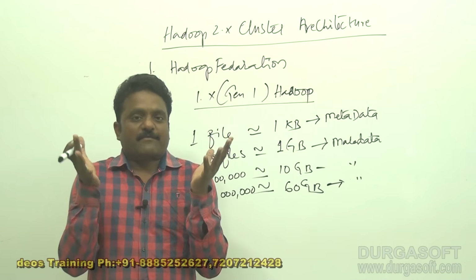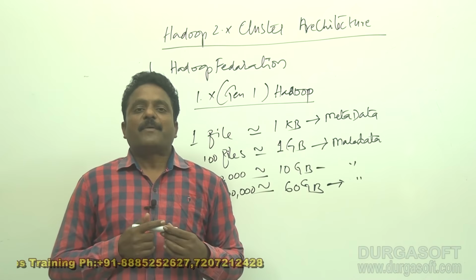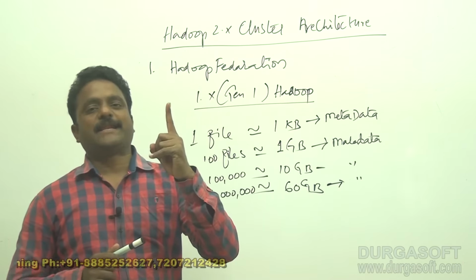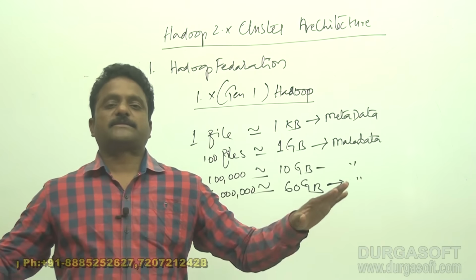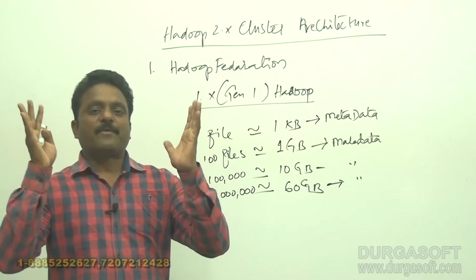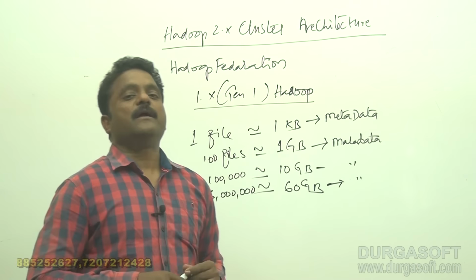So what they have come up with is, they do have a certain problem if you have only one single name node and the rest of all the data nodes. That's when they are facing a little problem.